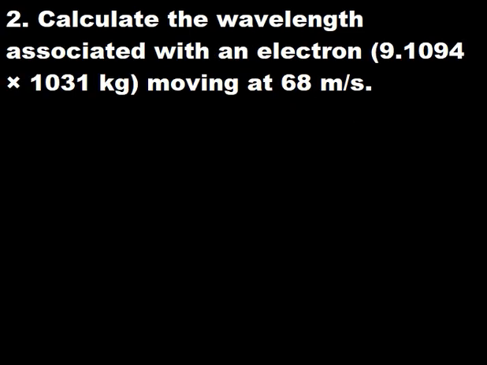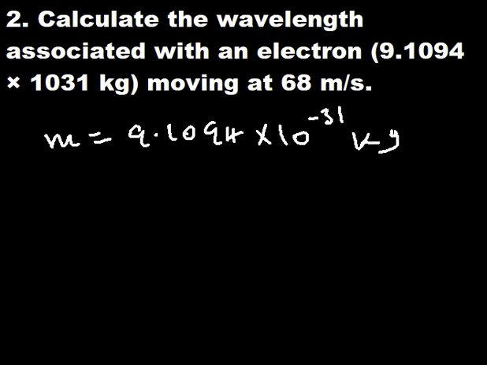Now let's say this is another question. We have been given the mass of a particle as 9.1094 times 10 to the power negative 31 kg, and the speed is given as 68 meters per second, and we want the wavelength.